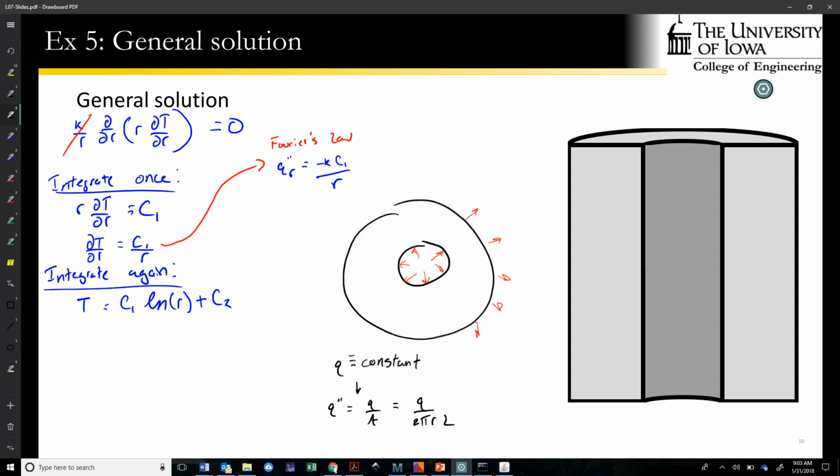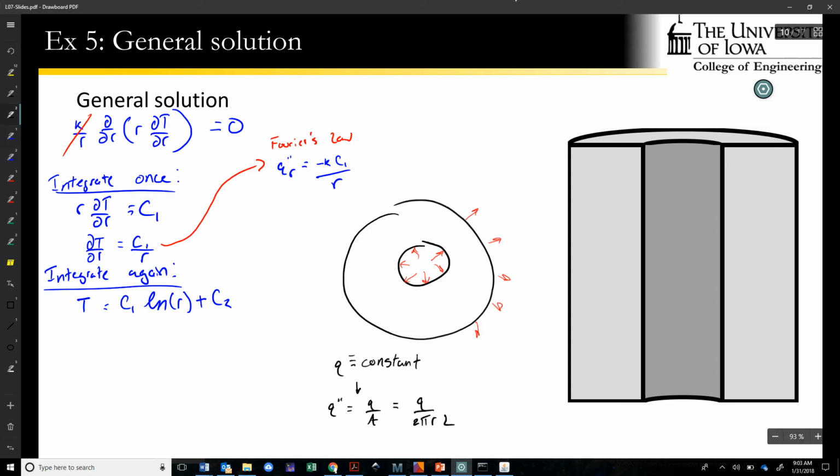What it's saying is that in order to keep the same amount of energy coming in through each radial slice and leaving through another radial slice, the energy has to spread out in a fashion that is 1 over r.